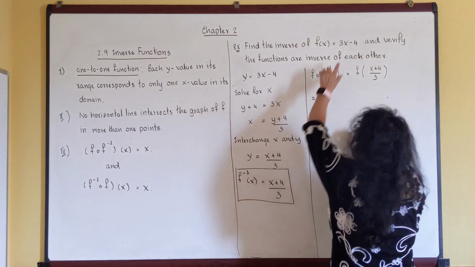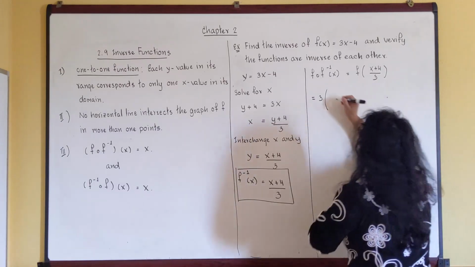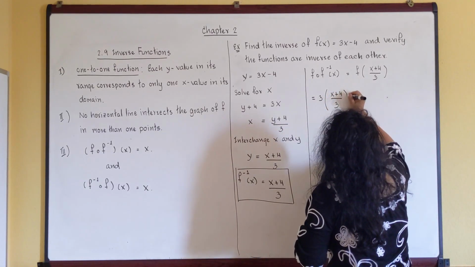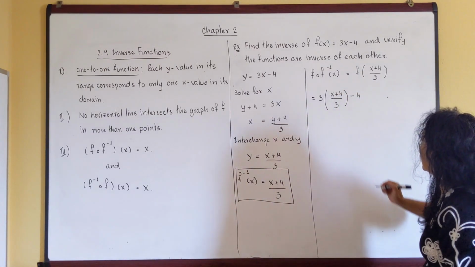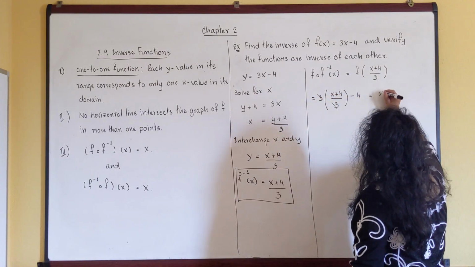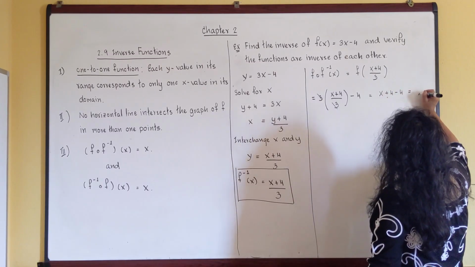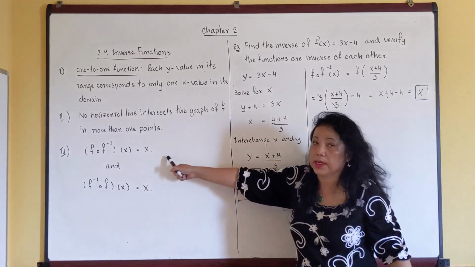So I'm going to have 3 times, instead of x, this x plus 4 over 3, minus 4. Alright, so I can reduce the 3 here. So I end up with x plus 4 minus 4, which is x. So I showed the one direction.